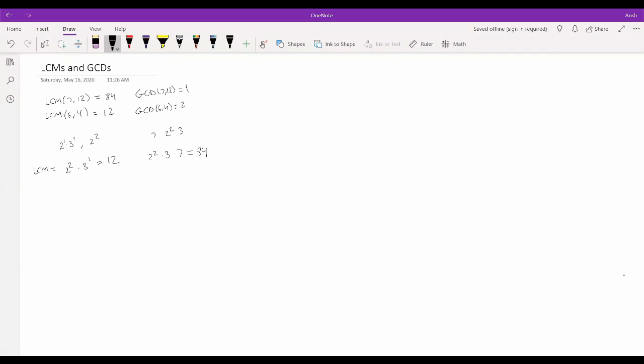And for the greatest common divisor, we just do the opposite of this, where instead of taking the largest, we take the smallest. So let's say for 7 and 12, we have 7 and 2 squared times 3.